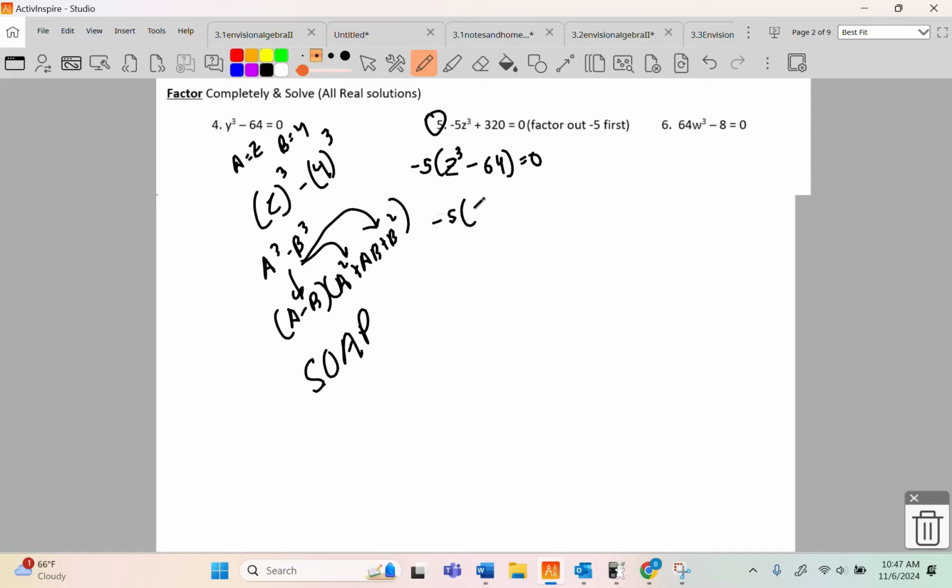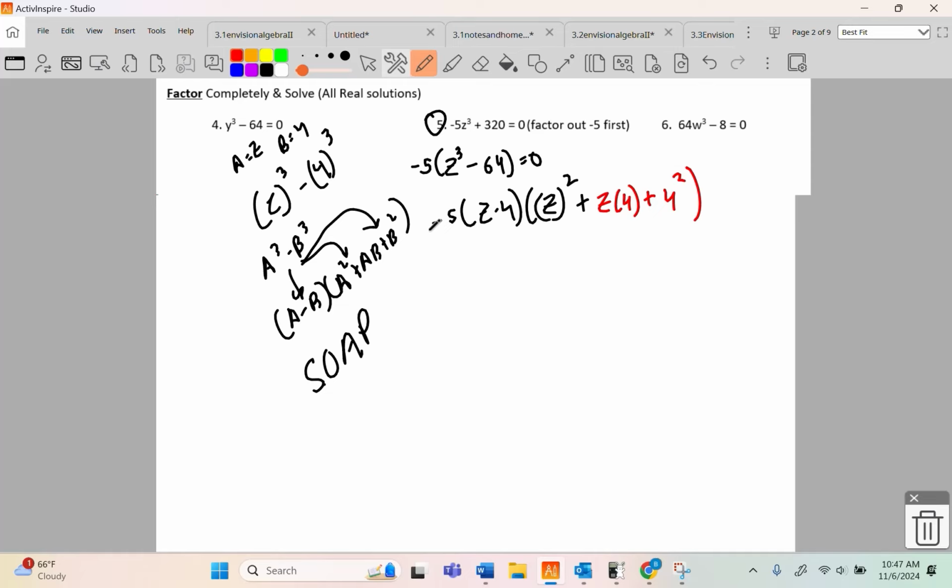Still have the -5. This has to be A minus B, so Z minus 4. Here I'm supposed to take my Z and square it. Plus, because there's a plus, I'm supposed to do 4 times Z, or Z times 4, whatever you want. It is technically Z times 4. Plus 4 squared.